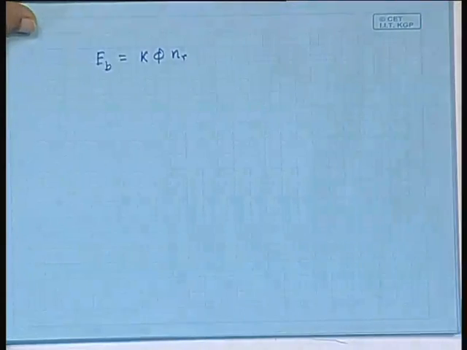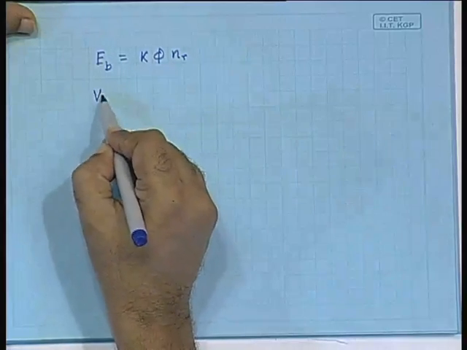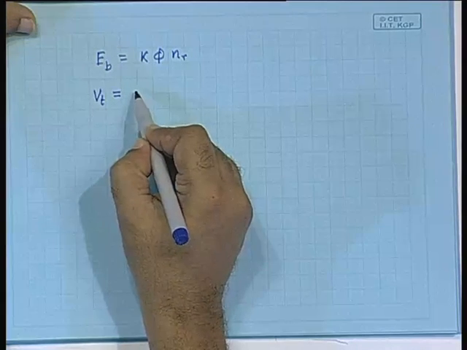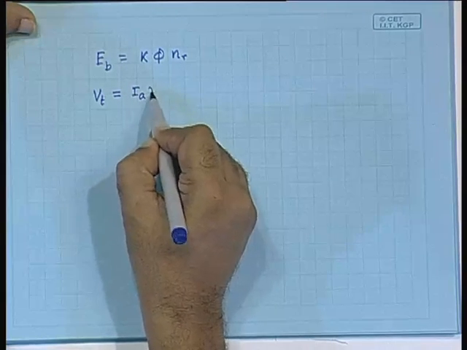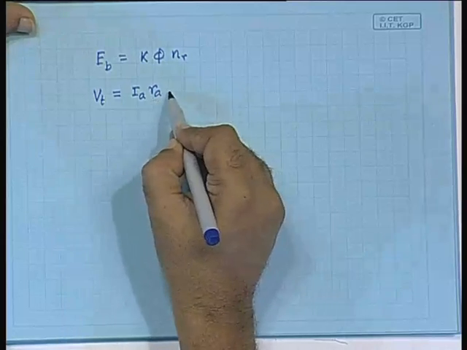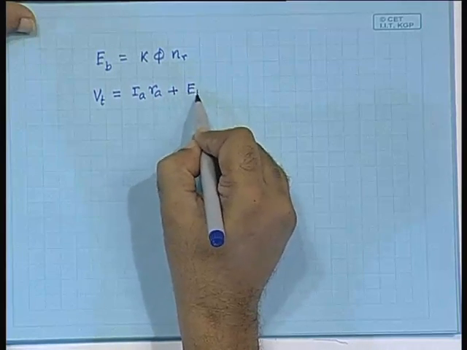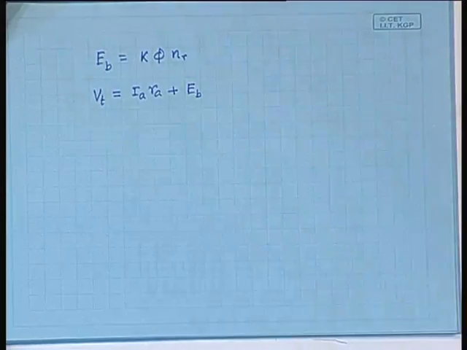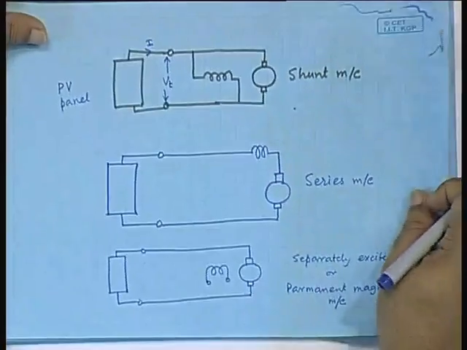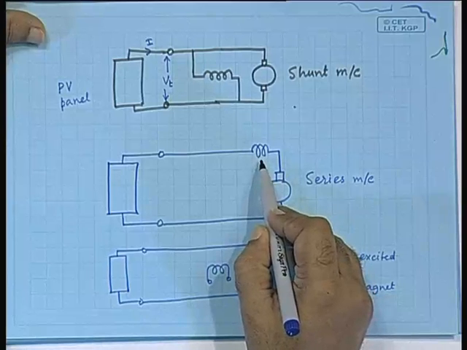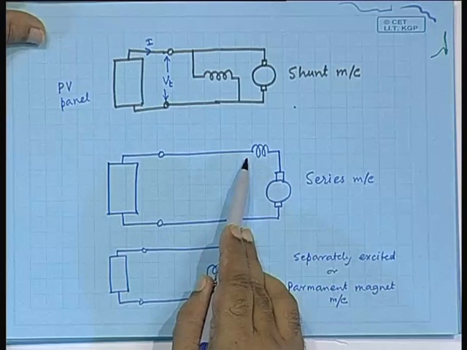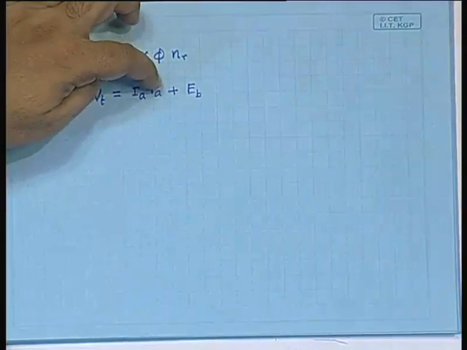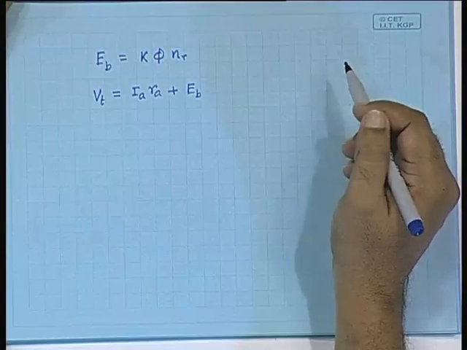So, simply the equation is V t is equal to I A R A, armature resistance, plus the back EMF, that is it. In case you have the series machine, then the series resistance R s will be added to the armature resistance, and that is what will appear here. But nevertheless, this is the elementary equation.